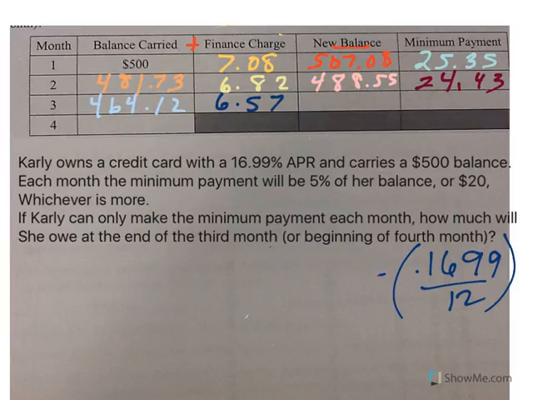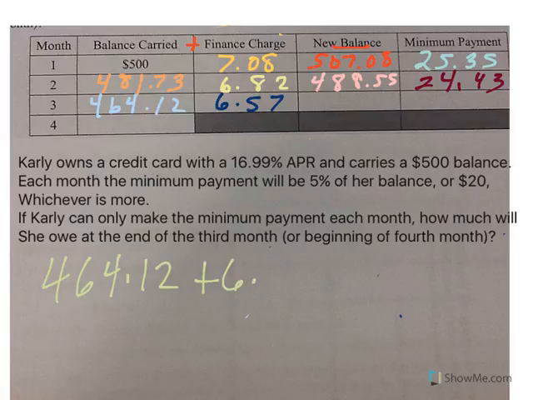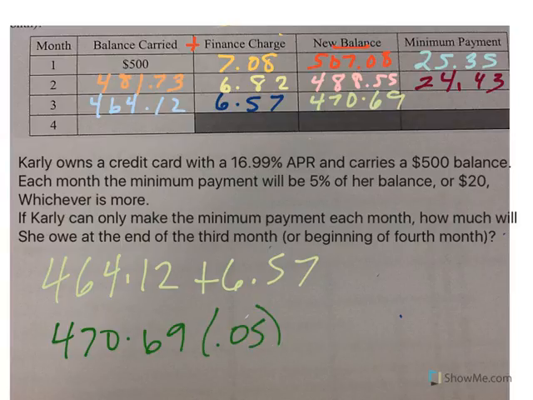Okay, so now we're going to add our balance. We take our balance, 464.12. We add our finance charge of $6.57, and I have a new balance of 470.69. I take that 470.69 and multiply by 0.05, still bigger than 20, so 23.53 is my minimum payment.